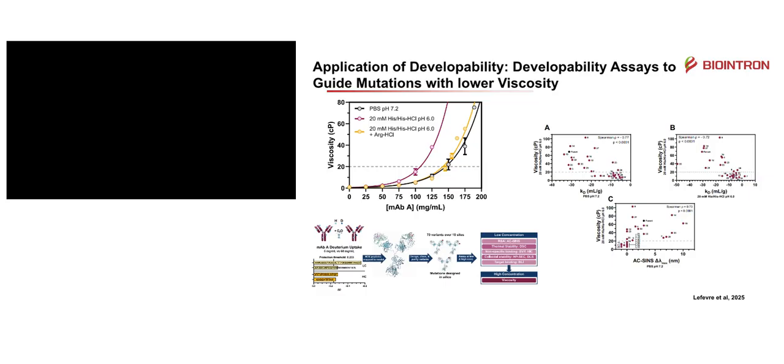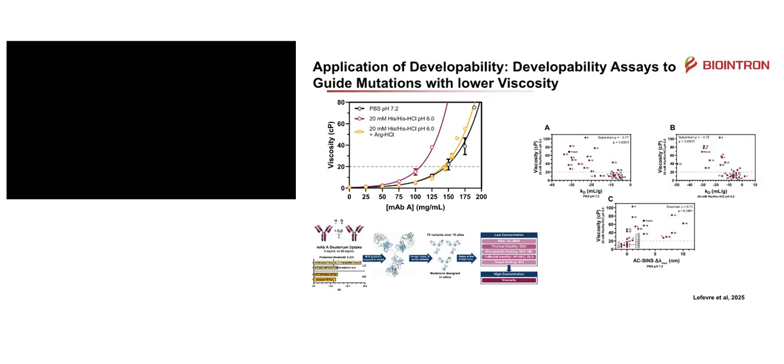And they did other developability assays, including thermostability, non-specific binding, and also DLS for aggregation. And they found a very good correlation of their mutants between the viscosity score and the aggregation profile in DLS. On the right side, figure C showed the very good correlation between viscosity and the AC-SINS score.